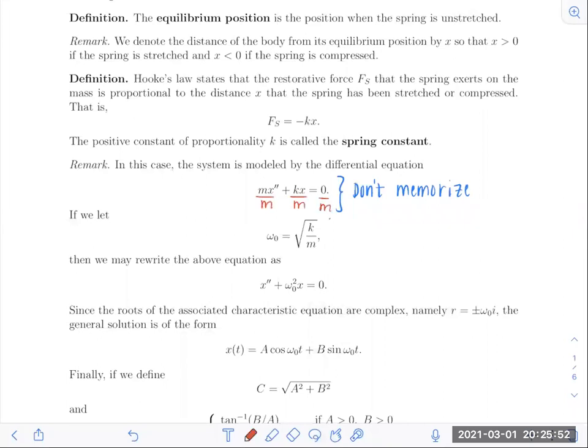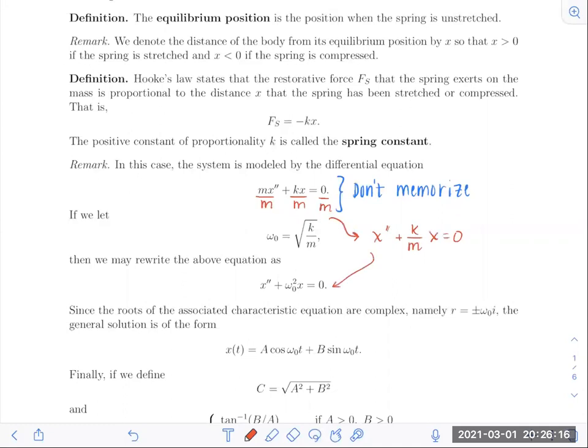And what that gives us then is x double prime plus k over m x equals 0. And so all the book is doing is rewriting the square root of k over m as omega naught. And so to get just k over m, that would be omega naught squared. And so that gets us back down to here.